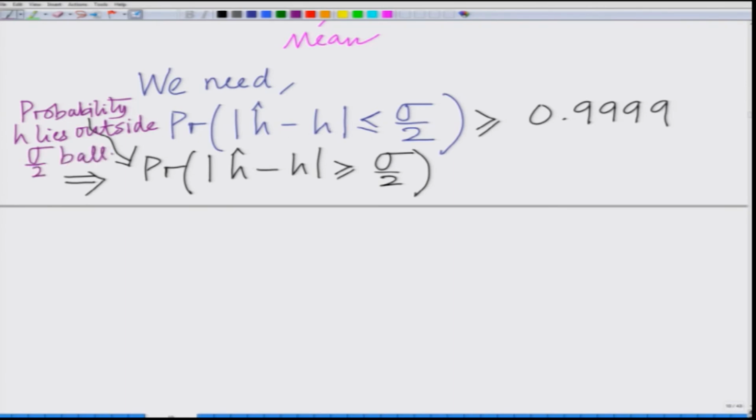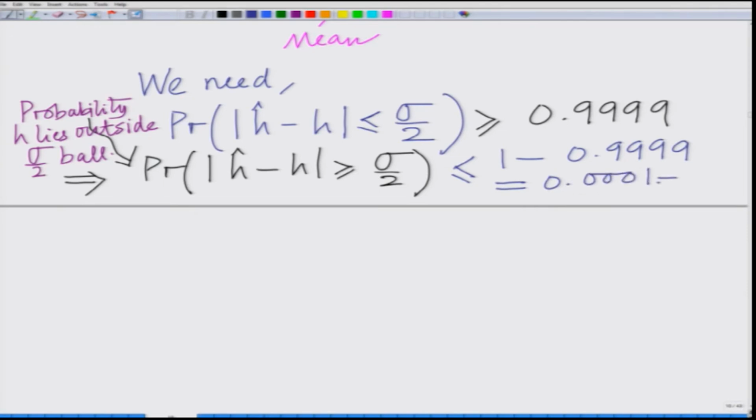Naturally, if magnitude h hat minus h is less than or equal to sigma by 2, it lies inside the sigma by 2 ball, and if magnitude h hat minus h is greater than or equal to sigma by 2, it lies outside. So, if the probability it lies inside is greater than or equal to 0.9999, it means that the probability it lies outside has to be less than or equal to 1 minus 0.9999, which is equal to 0.0001.